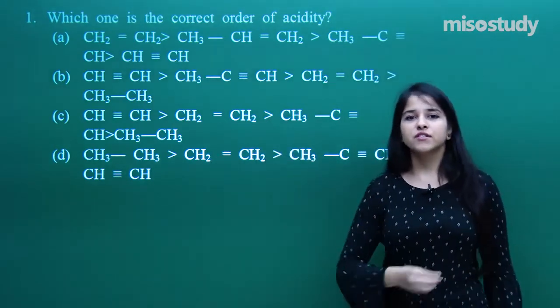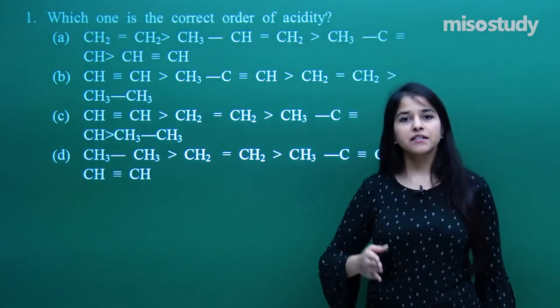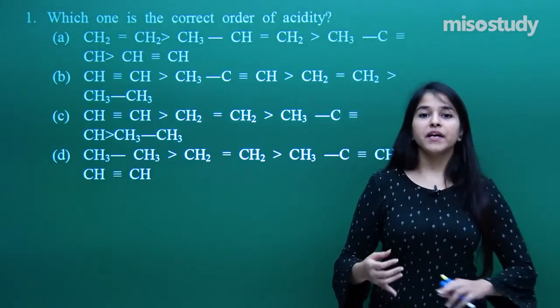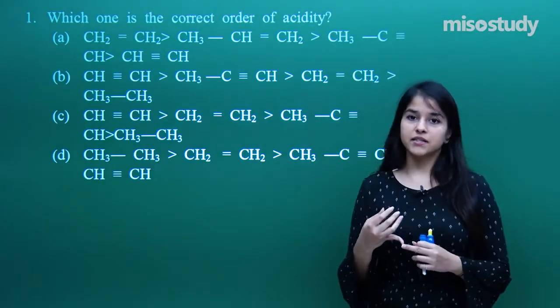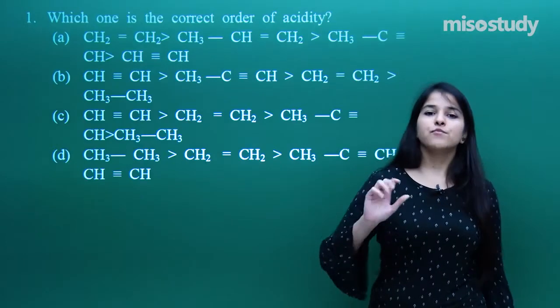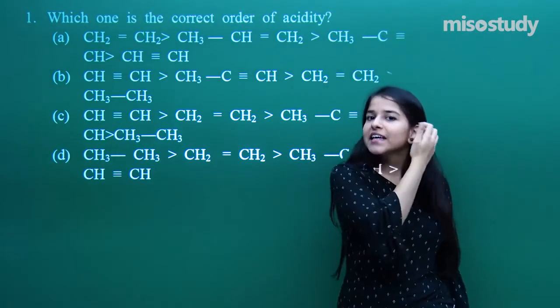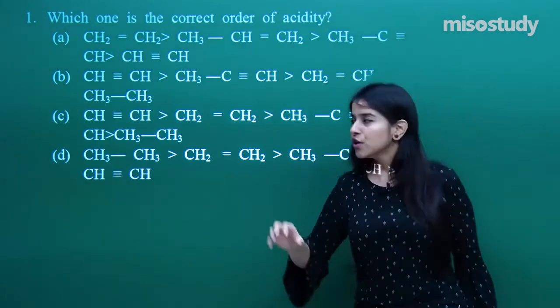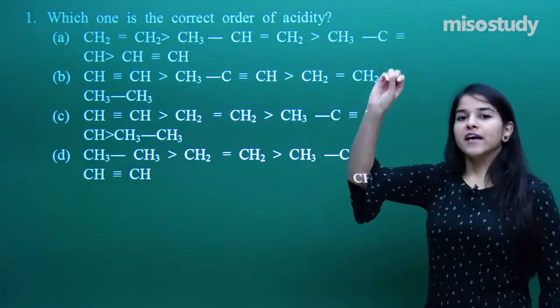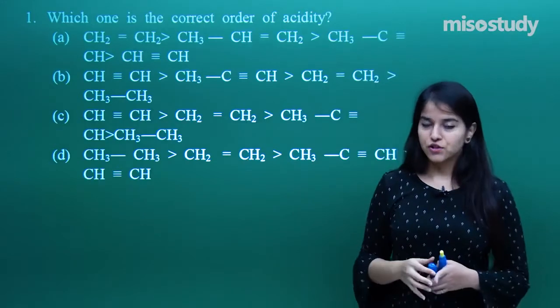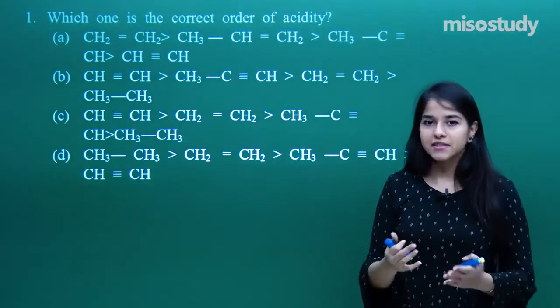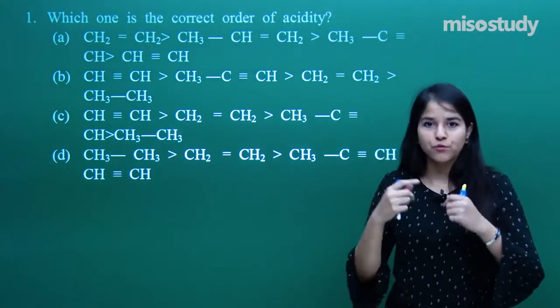These types of questions are very much repeated in each and every exam, be it CBSE, be it IIT, be it NEET. So you need to have a proper hold over this concept. So in order to check the acidity, what do you need to do? If you've got a set of alkenes, alkanes and alkynes, what is an acid? An acid always donates protons.